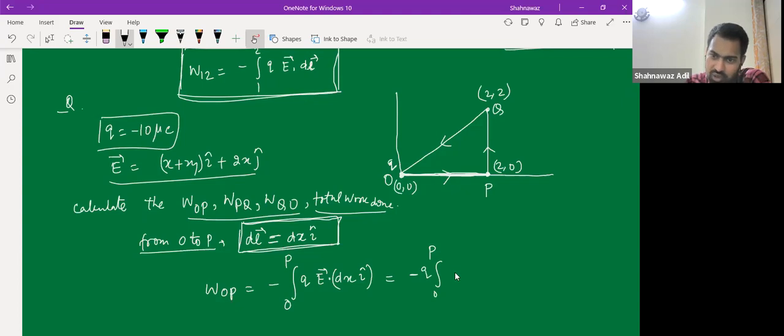E is x plus 2y i, and let me write only the i part, because the j part will cancel out. j dot i would be 0.